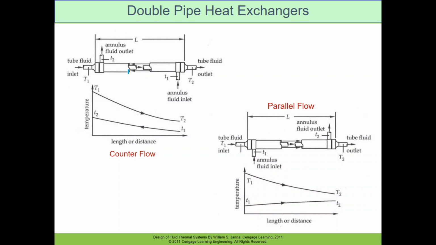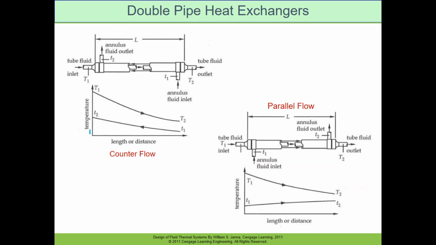So here we have given the temperature profiles. The capital T is indicating the warm fluid temperature, small t indicating the cold fluid temperature. T1 indicates inlet temperature and T2 indicates outlet temperature.